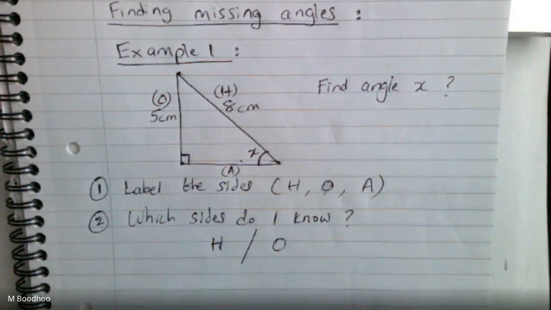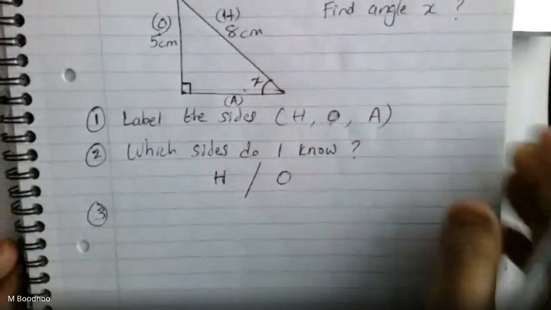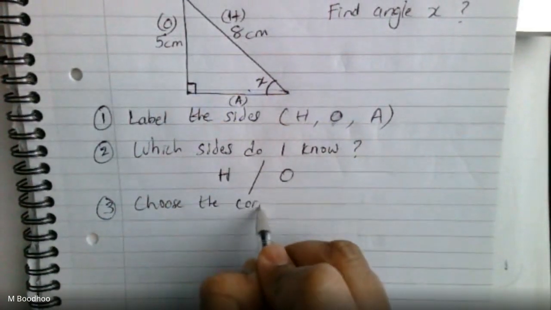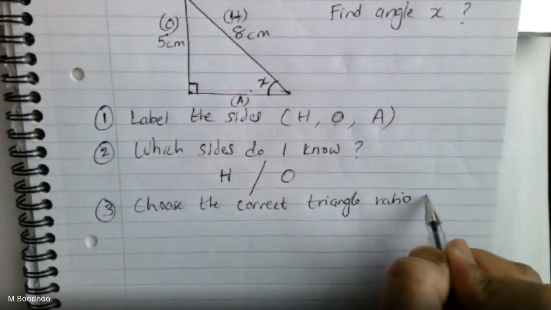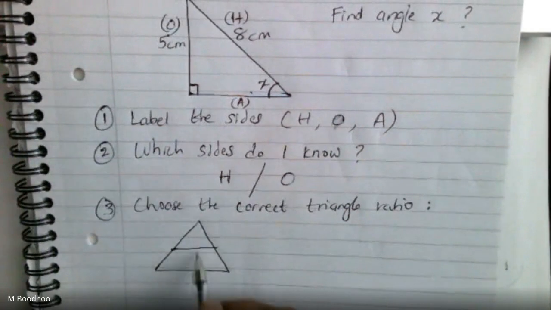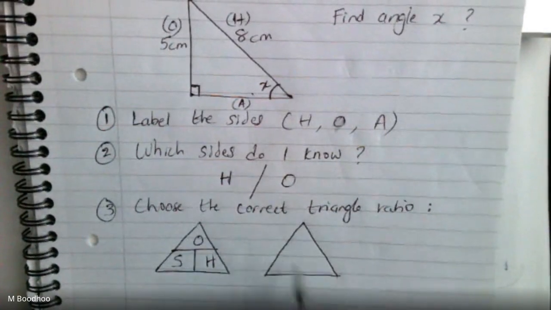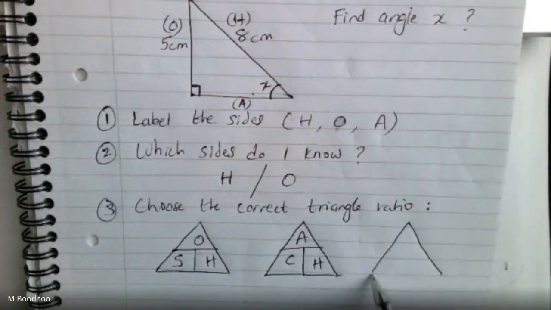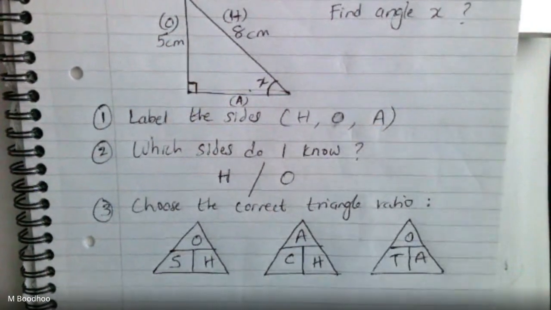Now the next thing I'm going to do in step 3 is choose the correct triangle ratio. Now you know your triangle ratios, don't you? The first one is SOH, the second one is CAH, and the third one is TOA.